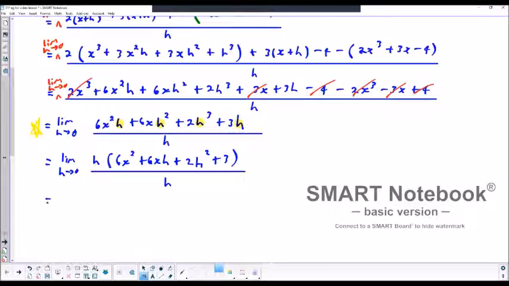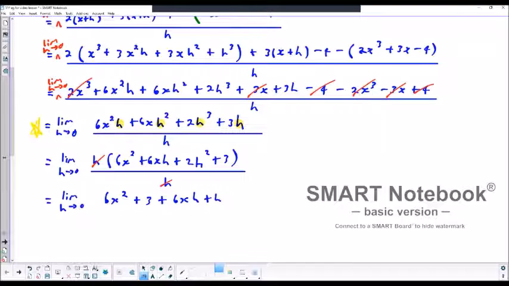And then we can simplify these h's. We still have the limit notation because we haven't substituted h equals 0 yet. Because we've simplified that h in the denominator, I'm just going to move things around in the numerator a little bit.